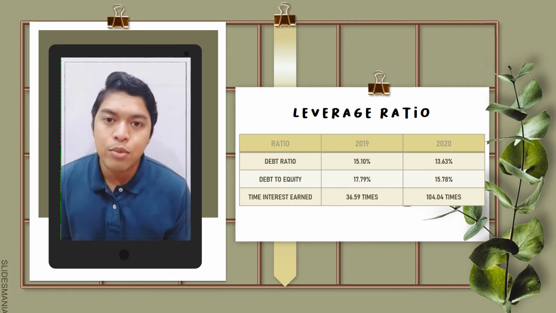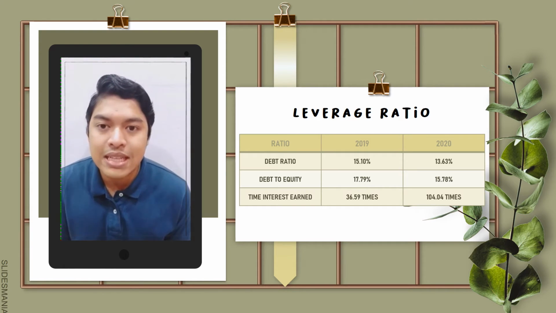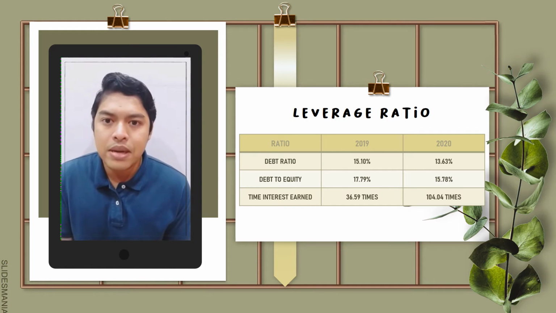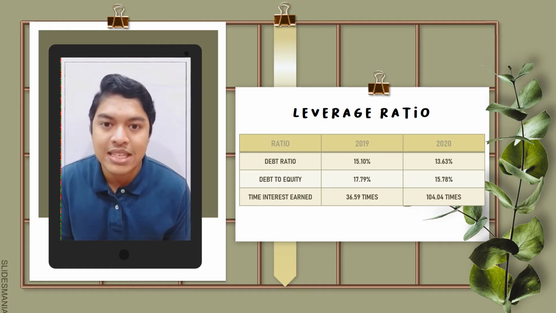Secondly, the debt to equity ratio for the company in year 2020, which is 15.78%, is lower than year 2019, which is 17.79%. The company's performance is satisfactory because the company used more equity and less borrowing as the sources of financing and operation.